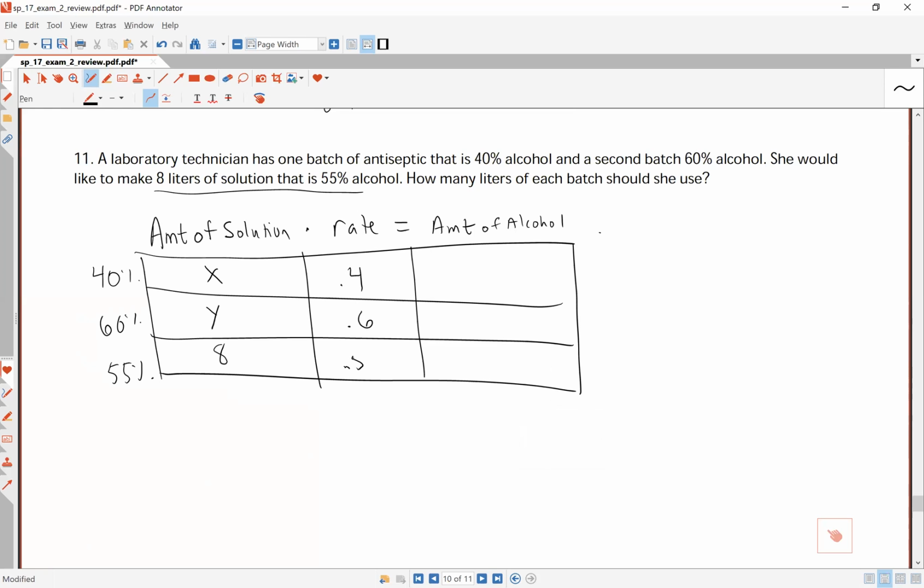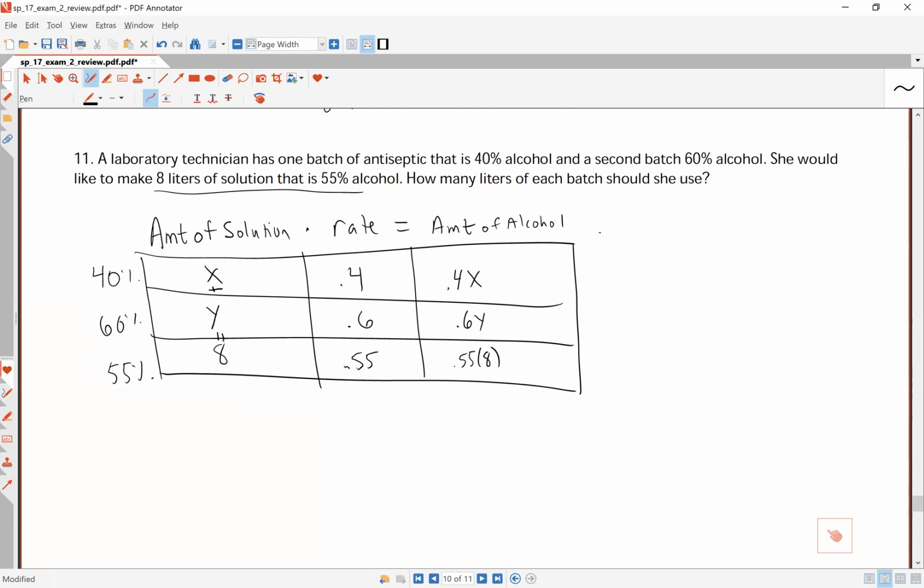And we have 55% of the 8 liters. Now the amount of alcohol in each container is 40% of X, 60% of Y, and 55% of 8. Once you get this far, the first column must add up.